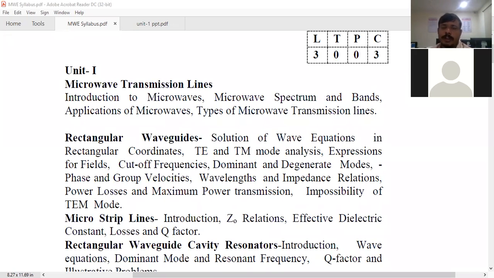We can use it in so many applications that we are going to study. So what are the transmission lines we are using for microwaves? What are the microwave transmission lines?